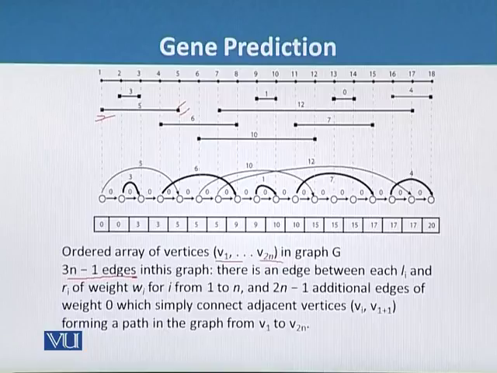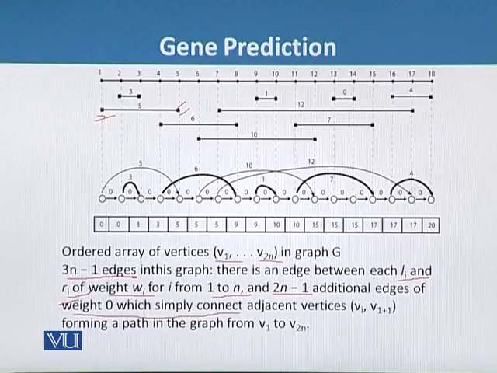There is an edge between Li and Ri, where L means starting from the left and R means ending at the right, of weight Wi for i from 1 to n, and additional edges of weight 0 from Vi to Vi+1 for i from 1 to 2n minus 1. So these additional edges of weight 0 simply connect the adjacent vertices.